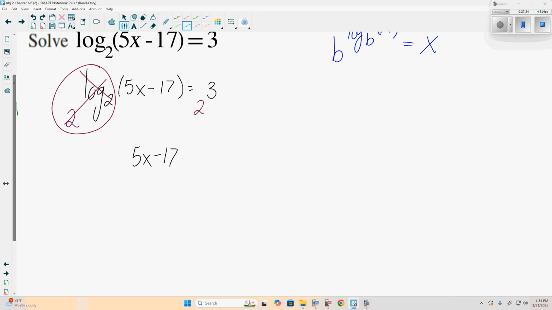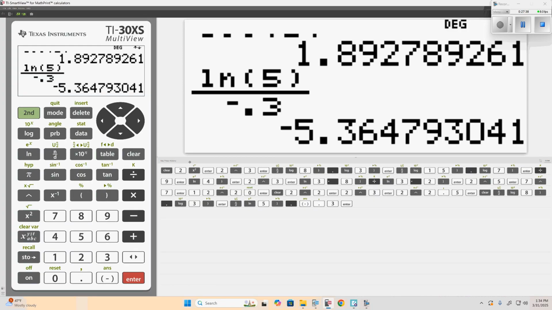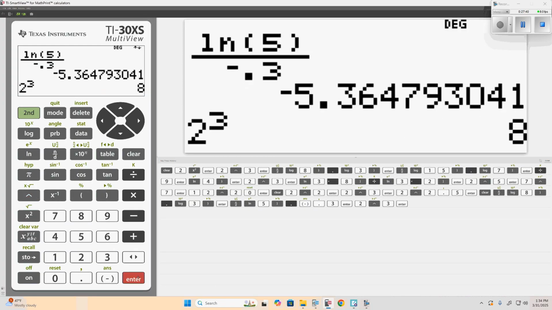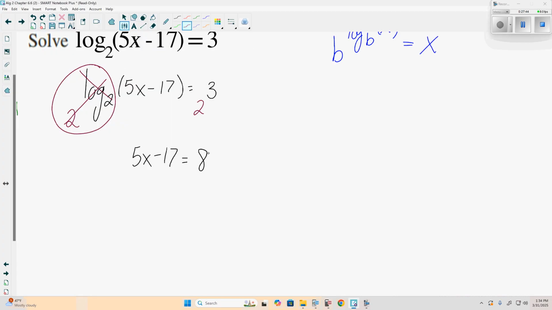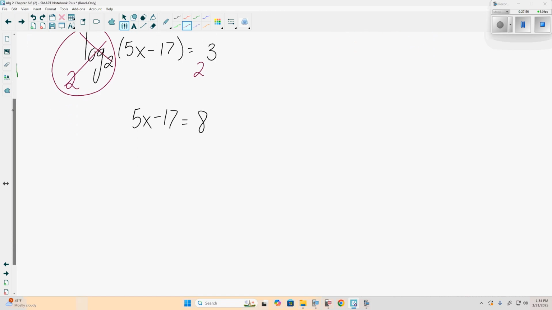Now, will 2 to the third reduce nicely? 2 to the third power is 8. That's why these logarithms, when we're going from a logarithm using exponentials to solve it, we get nicer numbers because 2 to the third will reduce nicely. As long as it's not fractions or decimals, there's a good chance it will reduce nicely.